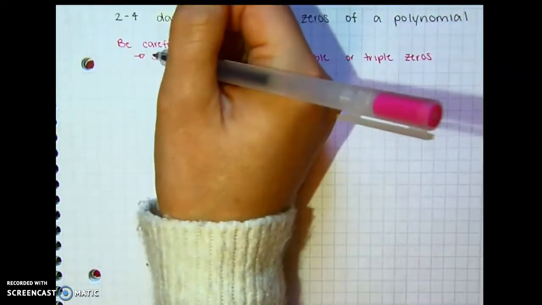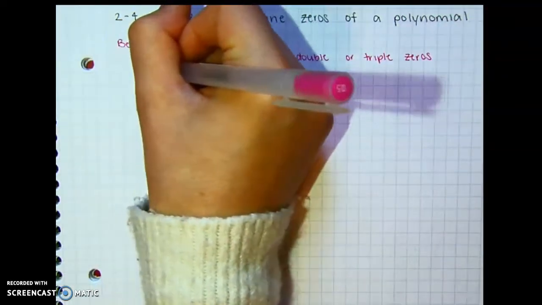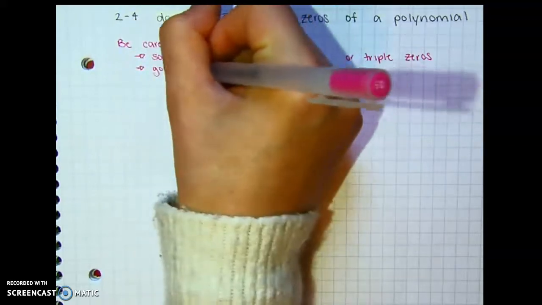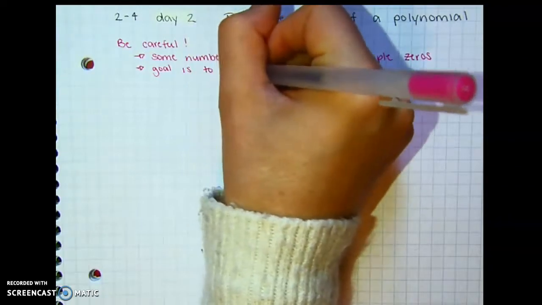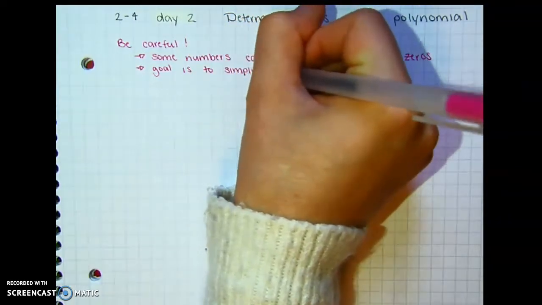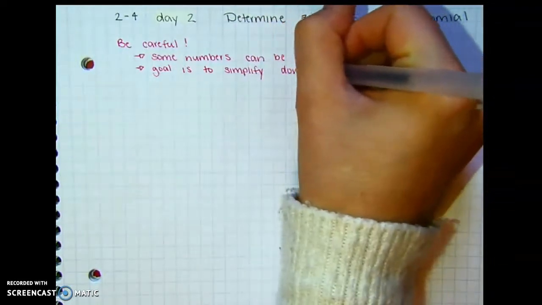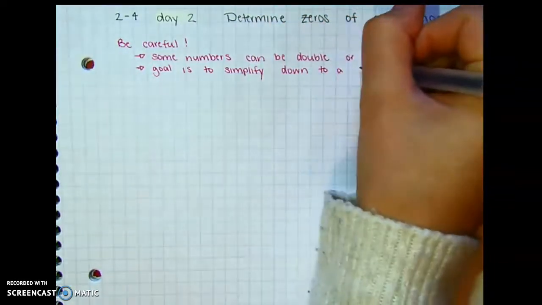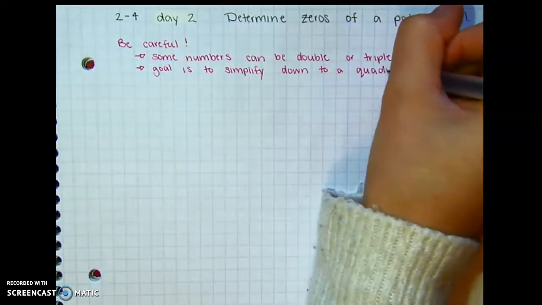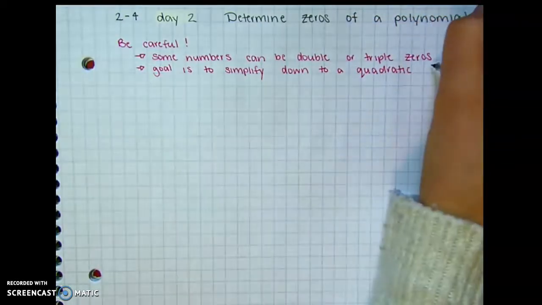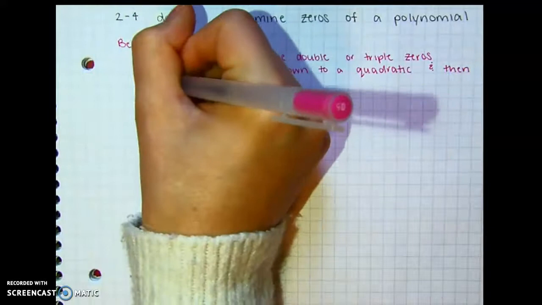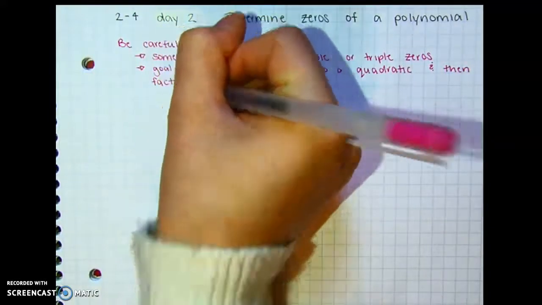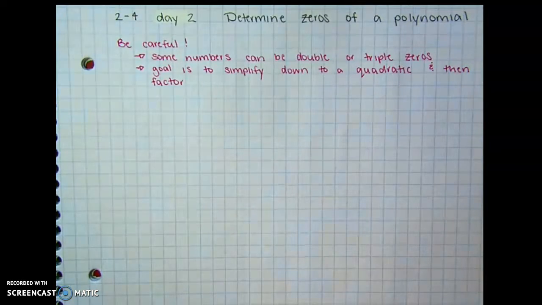And then your goal is to get down to a quadratic, and then factor. Factor your quadratic by grouping, just like you know and accept, or maybe know and love.